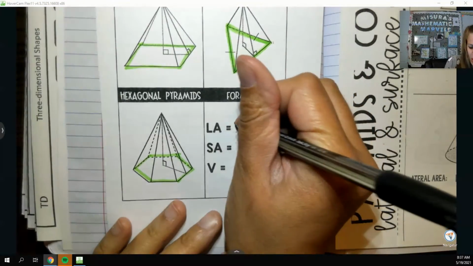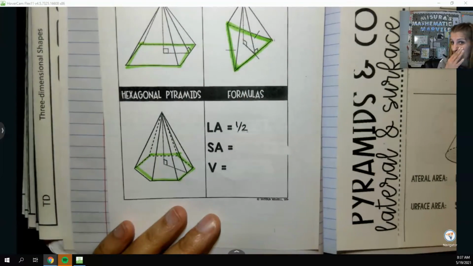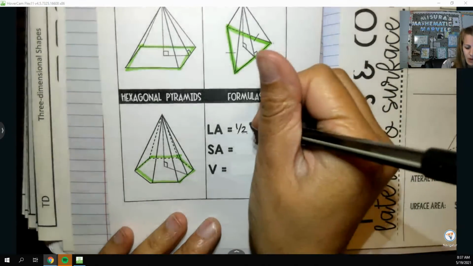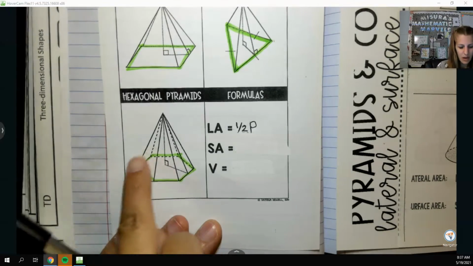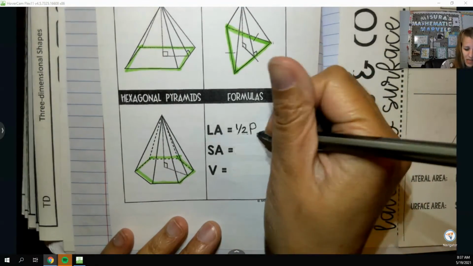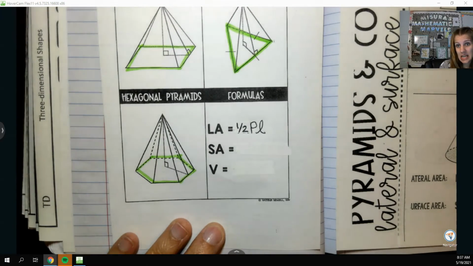And so I feel like this formula does make sense. We have half, because whenever I'm finding the area of a triangle, we always have that half base times height. But because there's a lot of them, we end up doing the perimeter, because they're all coming around the perimeter of that base, times this fancy L thing that stands for the slanted height.